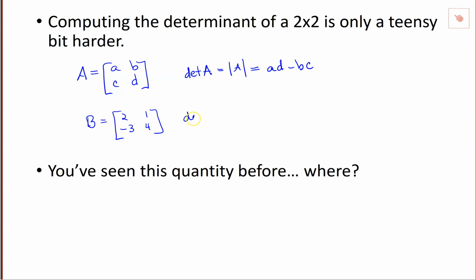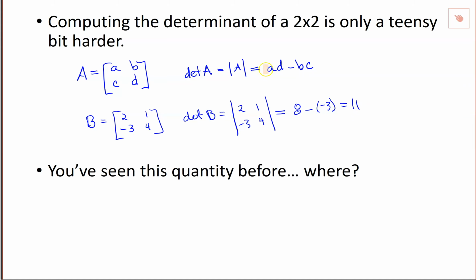The determinant of B, which I could also write this way, is going to be 8 minus a negative 3. So that's equal to 11. That's the value of the determinant of that matrix.